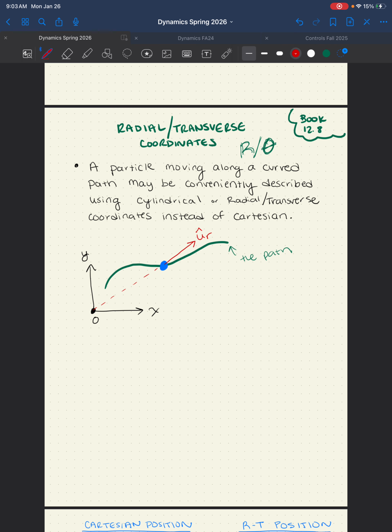That's my radial direction. We will often refer to this quantity r as the distance from the origin, and that's how we'll define the position of this particle, as being some amount in the radial direction.